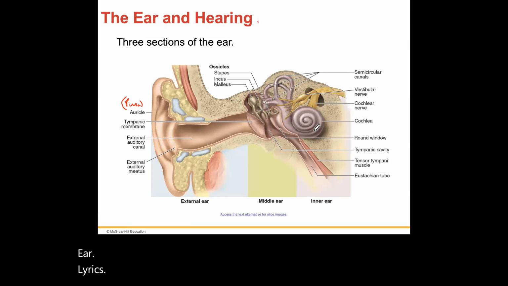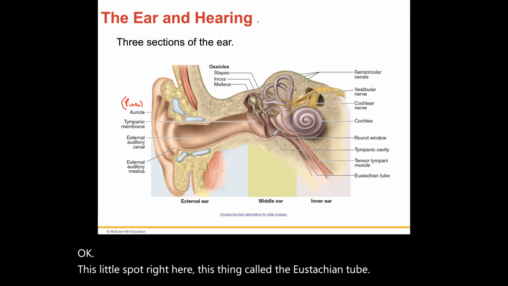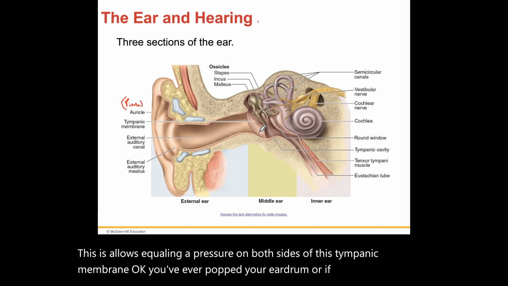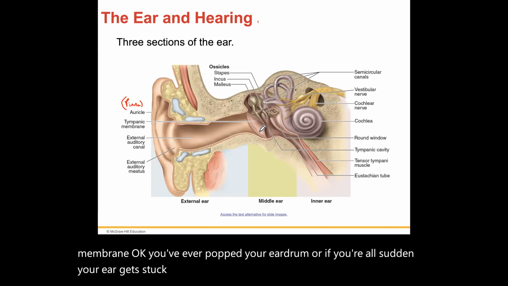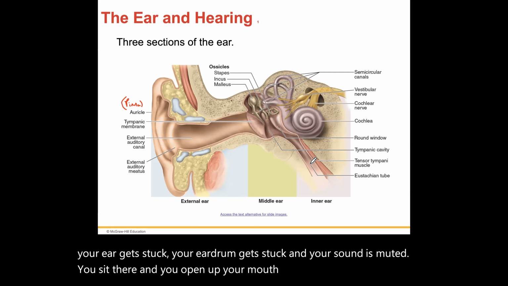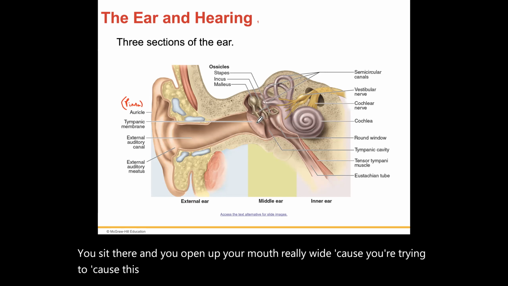This little spot right here is the eustachian tube. This allows the equalizing of pressure on both sides of this tympanic membrane. If you've ever had your ear get stuck and your sound is muted, you sit there and open up your mouth really wide because this is closed off, and that's caused this thing to bulge in a weird way.